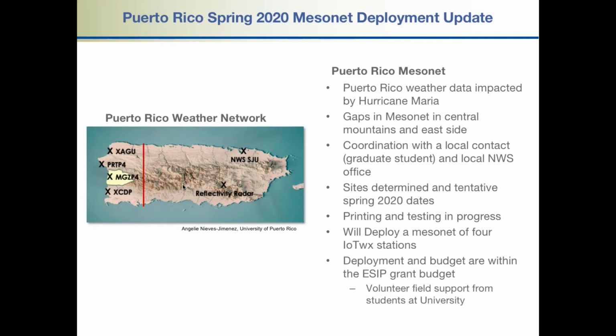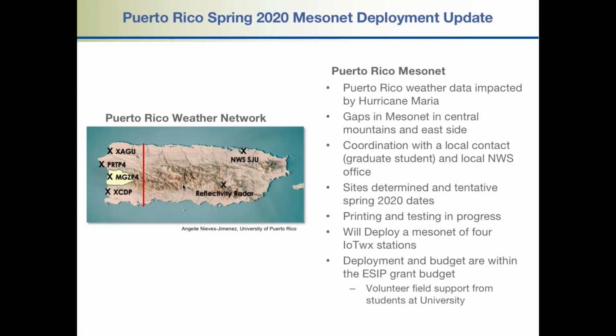That's one of the things they would like, something that's quick and relatively easy to deploy. Right now we're looking at a tentative date of early this spring to put this out there. Printing and testing is in progress. The students will also print and test at least a couple of additional stations while they're out there.